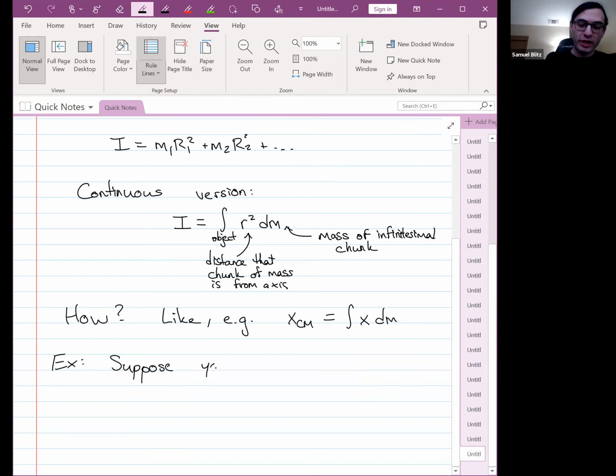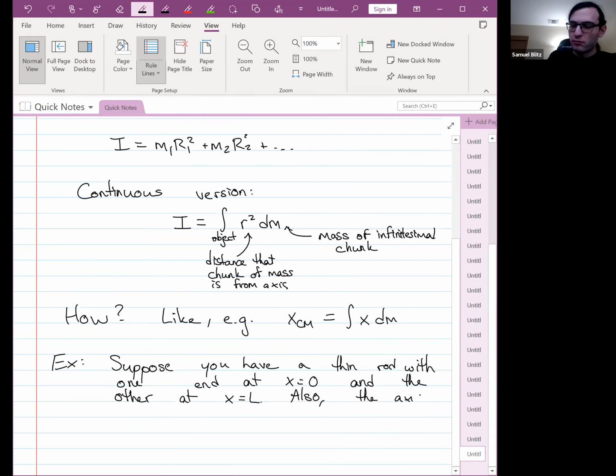So suppose you have a thin rod with one end at x equals 0 and the other at x equals L. Also, let's put the axis of rotation at x equals x naught, let's say.